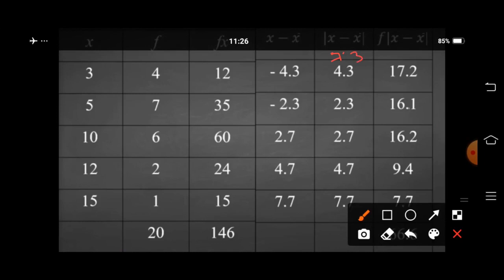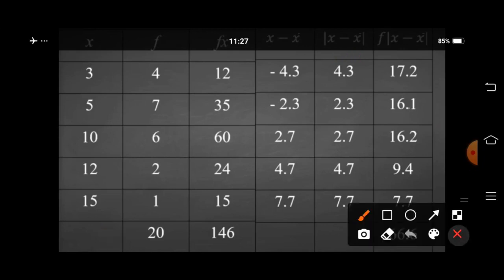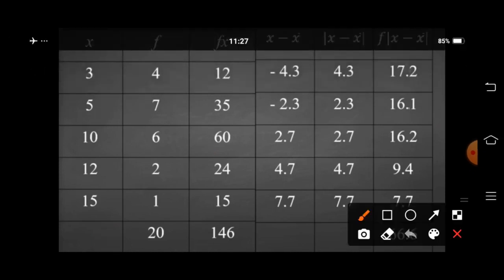So 3 minus 7.3 equals minus 4.3. 5 minus 7.3 equals minus 2.3. 10 minus 7.3 would be 2.7. 12 minus 7.3 is 4.7. 15 minus 7.3 is 7.7.